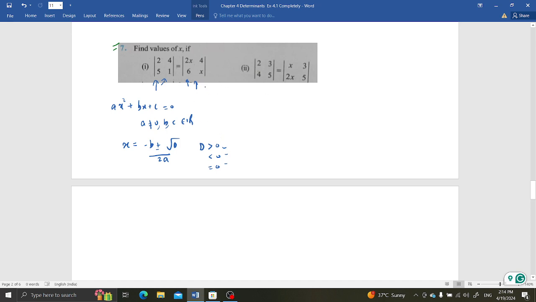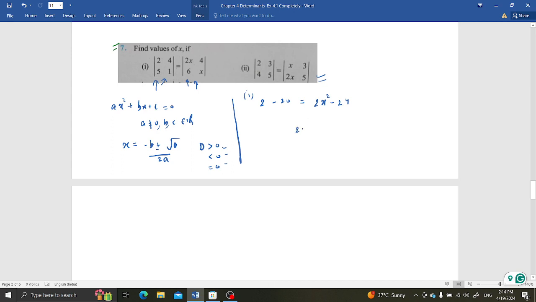Okay, so here we need to do like that. First I will evaluate this one, and this one is your homework. So first, evaluate this one. The left hand side is 2 minus 20, which equals 2x square minus 24.